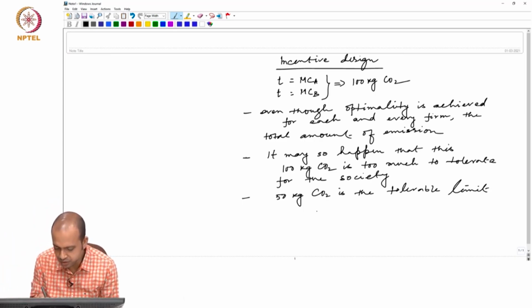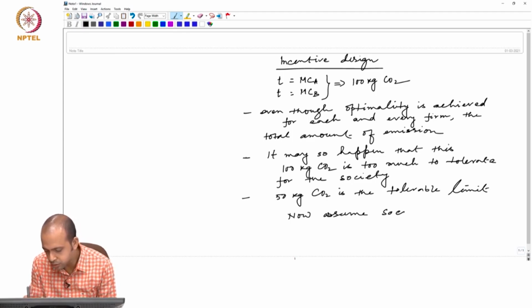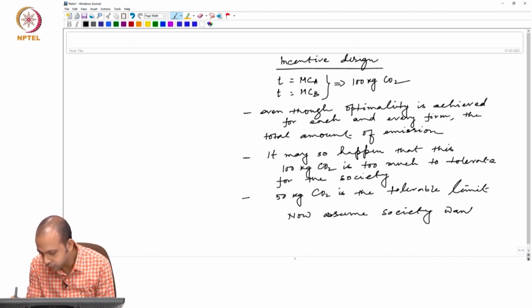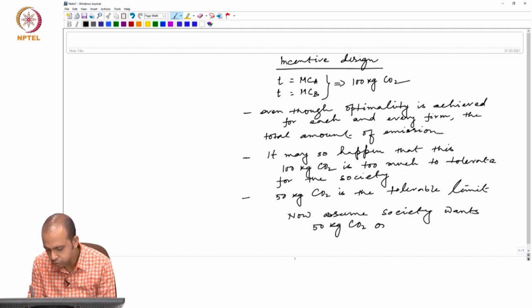Assume society wants 50 kg of CO2 only in a given period.